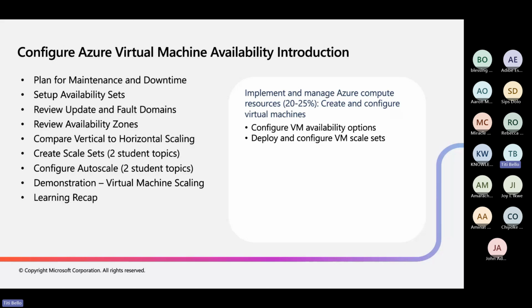Because when we talk about Microsoft Entra ID, it's more like we're talking about the Active Directory; it works the same way. So instance 1, file server, web. Instance 2, file storage. Instance 3, identity. So when we're planning for maintenance and downtime, these three are not in the same category.